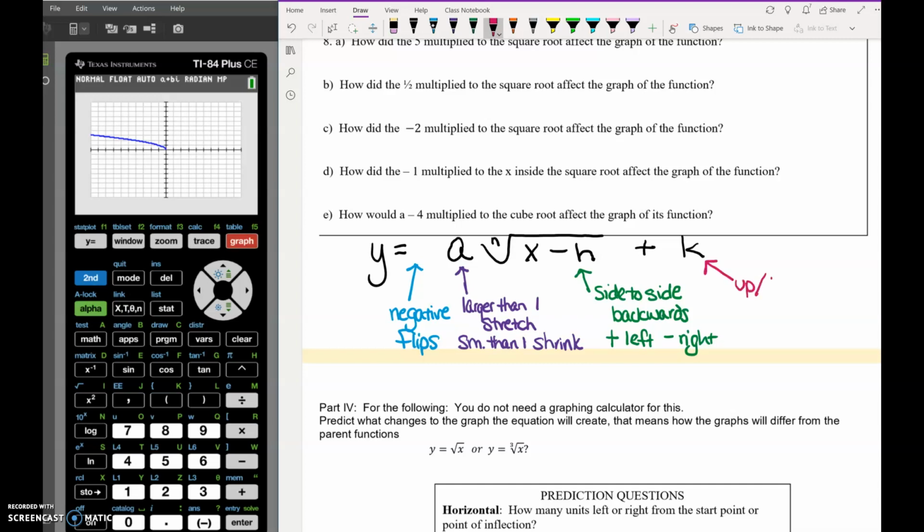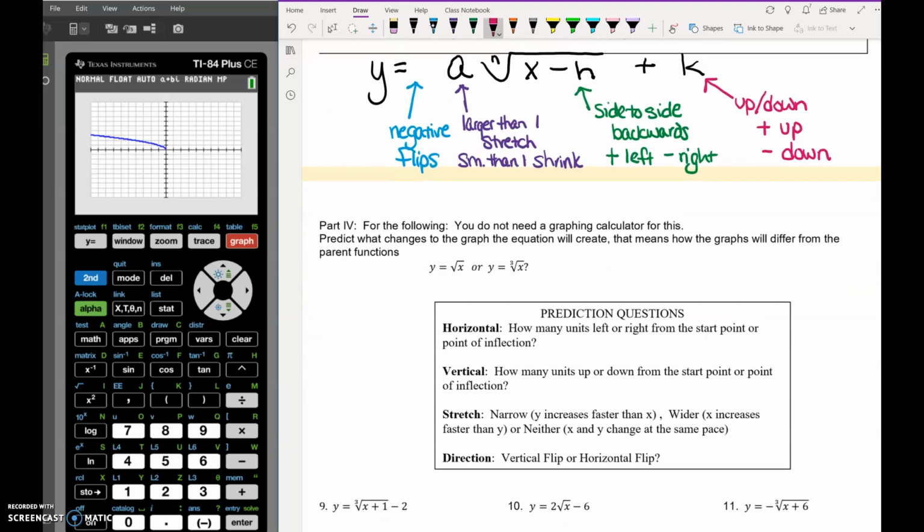It's the up or down movement, and it's completely normal. Plus moves the graph up, minus moves the graph down. And it does not matter if this is a square root or a cube root or a fifth root or a seventh root. These letters are the same in all of those forms, and they do the same thing in all of those forms. So your assignment for today is on the next page.